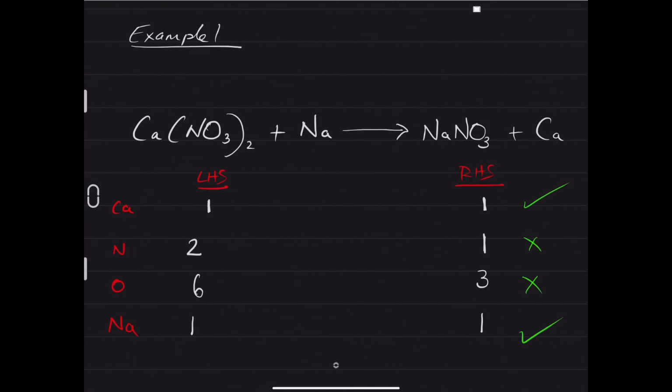Now be aware that as you start using whole numbers to multiply up with the coefficients, you may end up changing the calcium numbers and the sodium numbers, which are already balanced. This does not matter as long as they are equal.